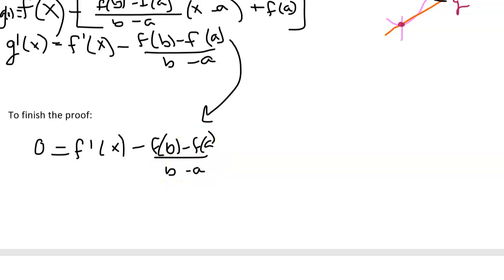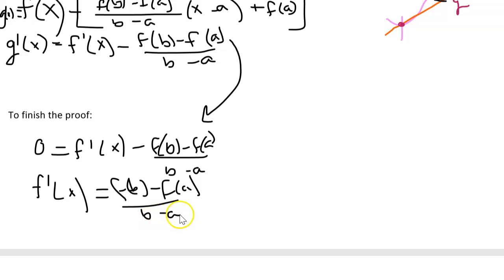And then add that to the other side. It equals (f(b) minus f(a)) all over (b minus a).